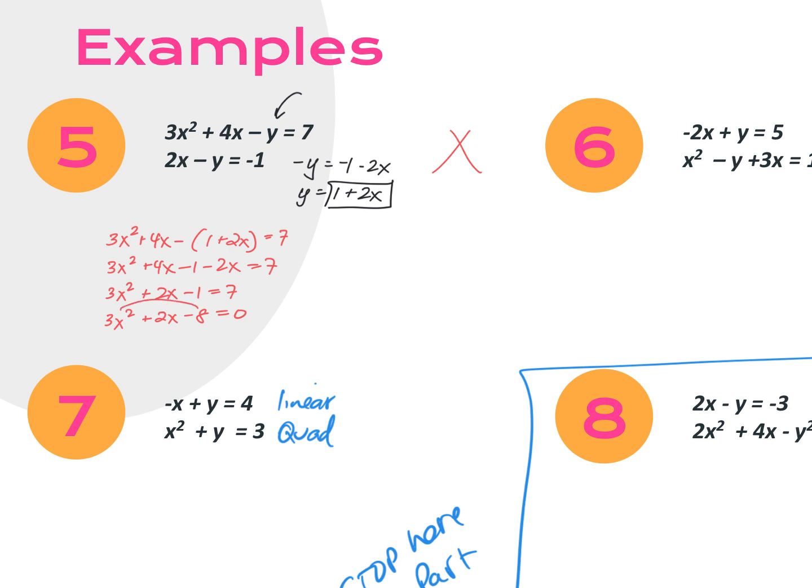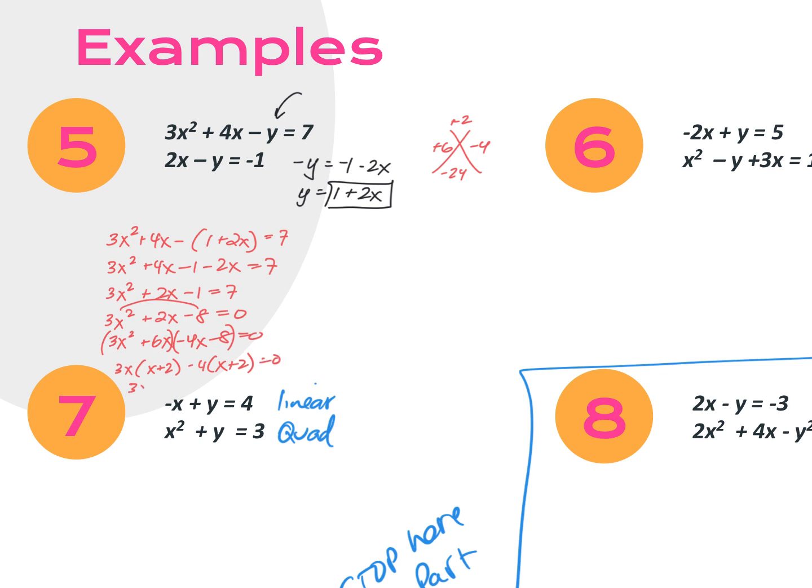The way I do it, again, is my product is minus 24 and my sum is positive 2. So I know that's plus 6 minus 4. It's going to be 3x squared plus 6x minus 4x minus 8 equals 0. Group the first two, group the second two: 3x, x plus 2, minus 4, x plus 2.